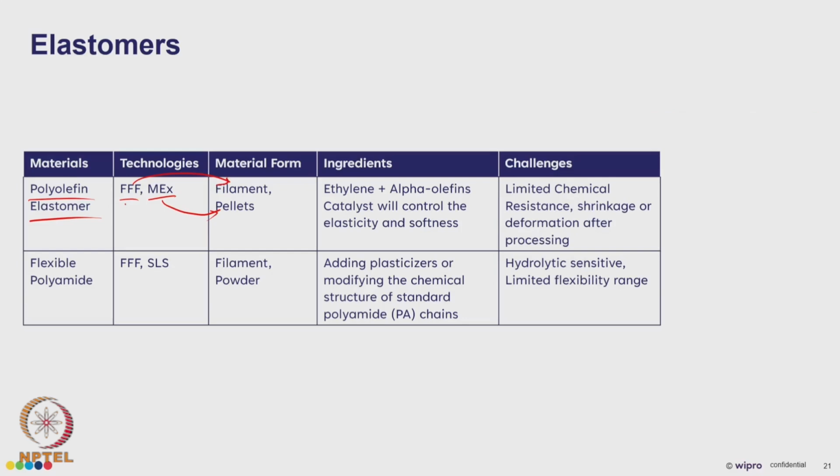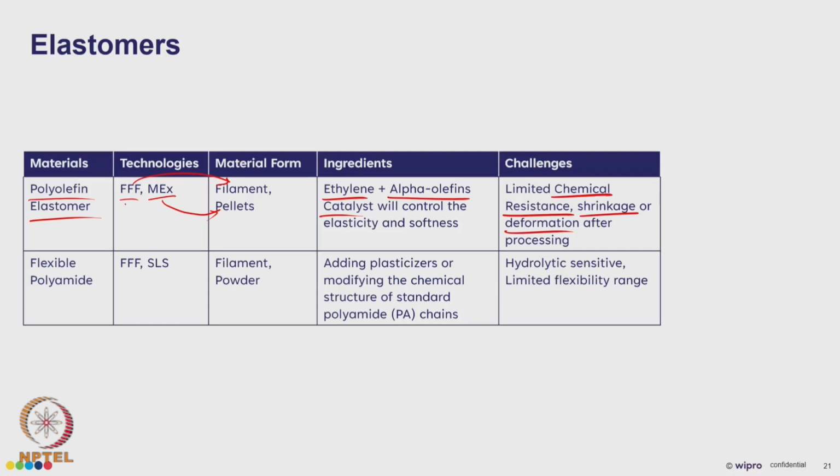In this category, we could see that ethylene alpha olefin catalyst will be controlling the elasticity and softness basically. That means by varying the level of it, it will be controlled. And the challenges are limited chemical resistance, shrinkage and deformation after processing the material.